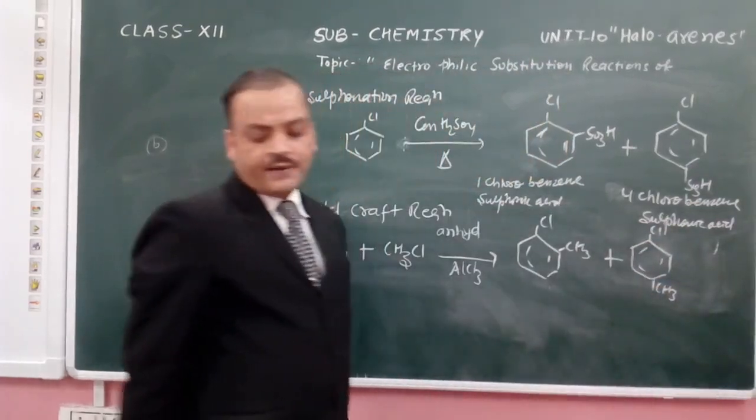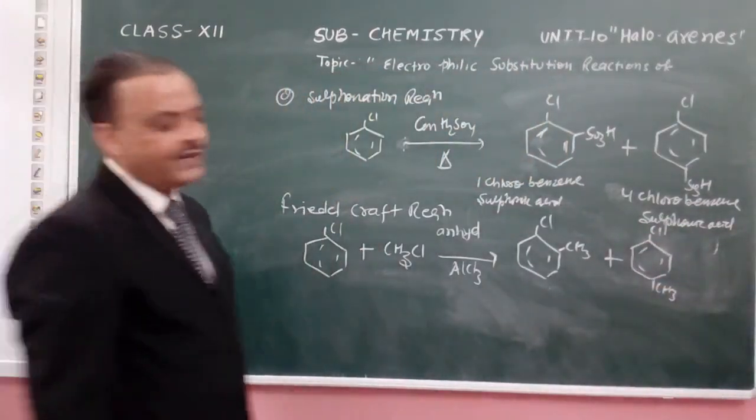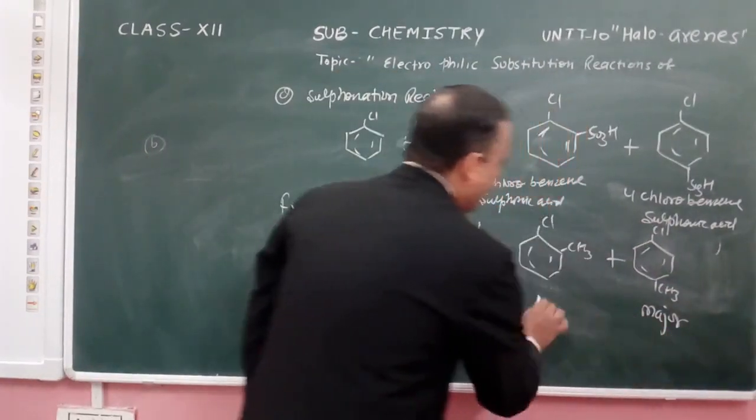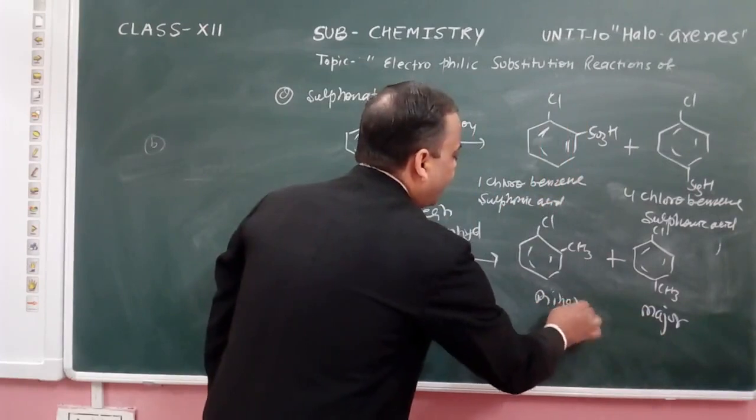So in the Friedel-Crafts reaction, addition of the alkyl group takes place. The para product is the major product and the ortho product is the minor product.